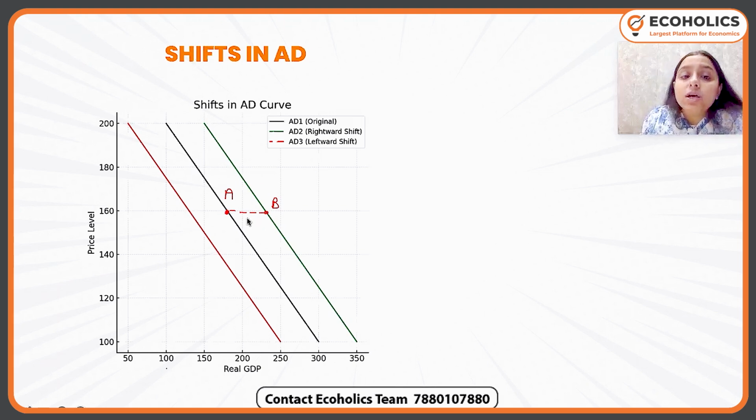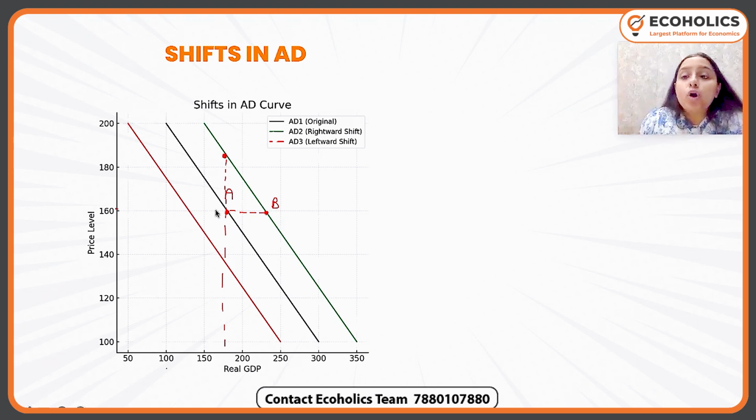Or in other words, if you were consuming, let's say, 175 or 180 units at 160, now the same units can be consumed at a higher price, because more demand can be generated. So if you have to pay the same price, you need to have more demand in that economy.